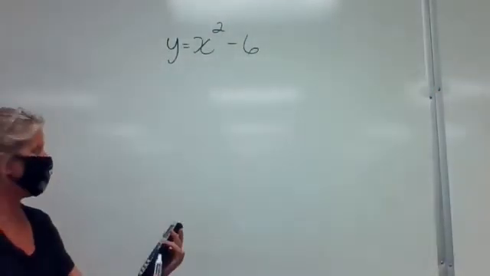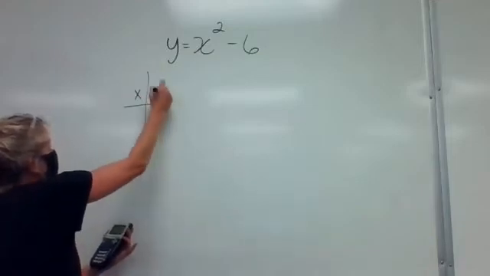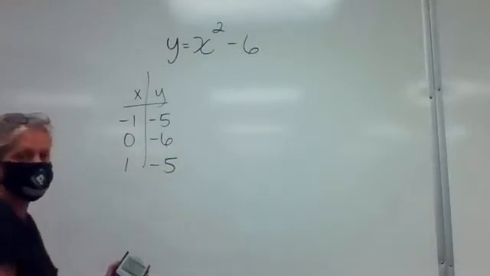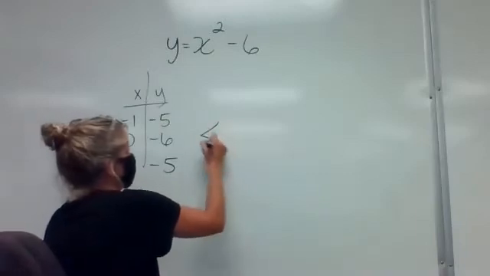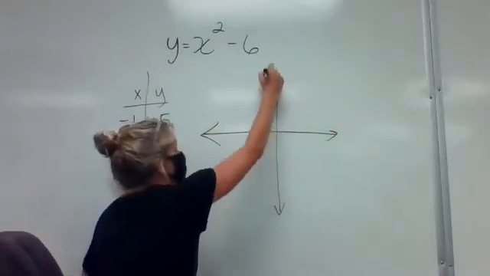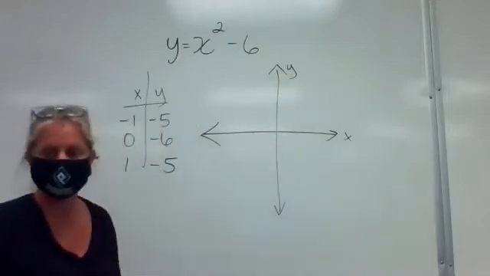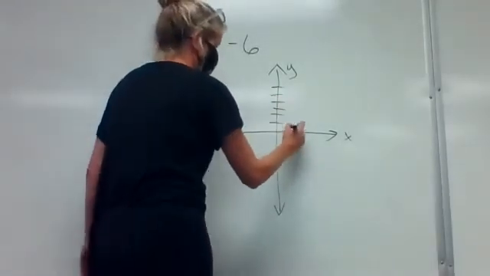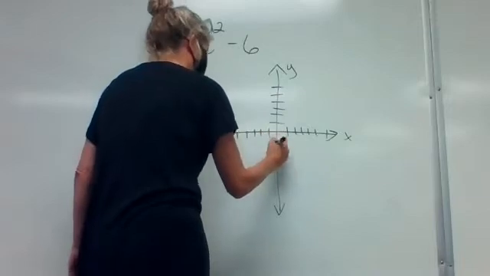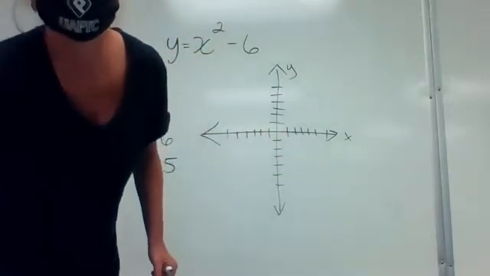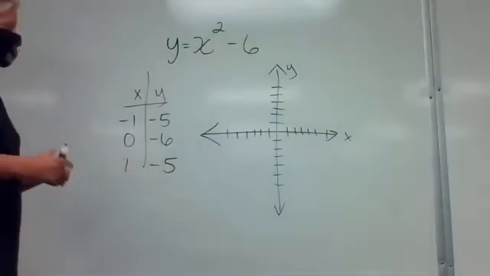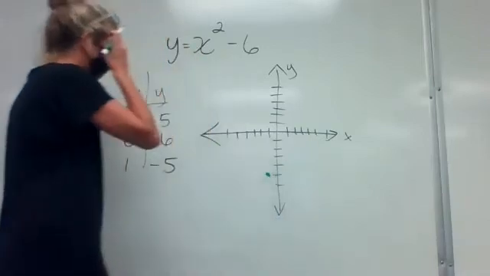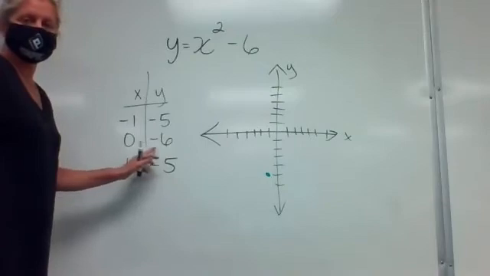So -1, -5, 0, -6. And then +1, -5. So -1, -5 means left 1 down 5. 0, -6.